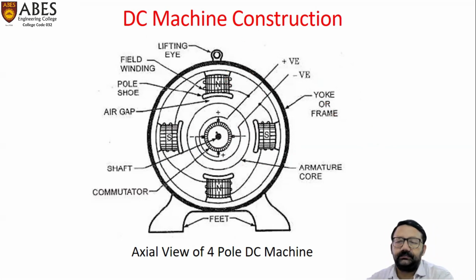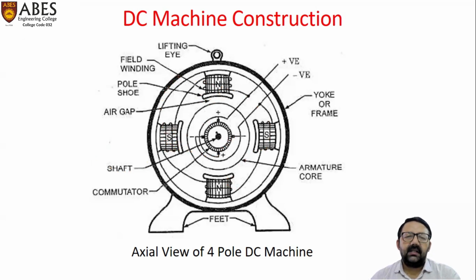And from the inner periphery of this frame, we can clearly see the field poles. So this is north field pole, this one is south pole, this one is again north and south. These field poles are mounted on the inner periphery of the frame with the help of bolts and other arrangements. On the field poles, a winding is wrapped. This winding is known as field winding.